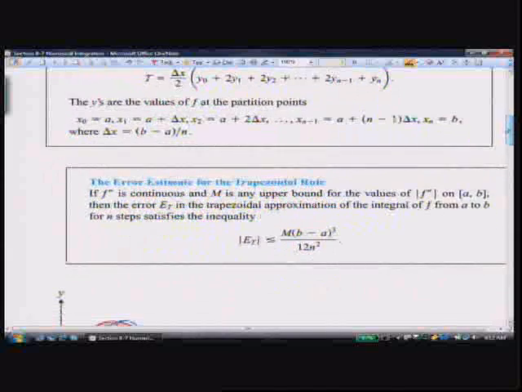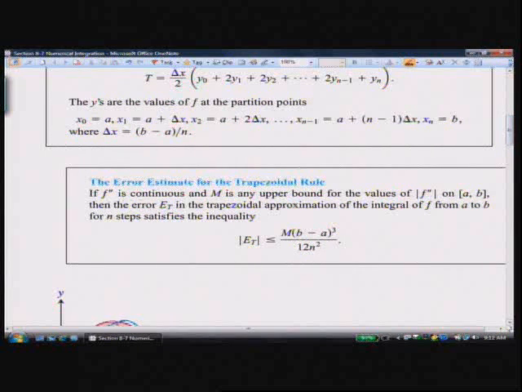Okay? Now it turns out there's an approximation for the error in the trapezoid rule, and again, you can read about this in your book, where they come up with this. Looking at errors and how accurate your methods are is a common numerical analysis technique.